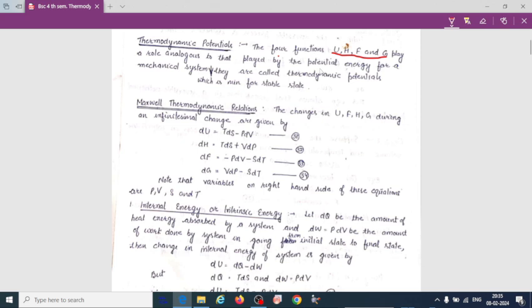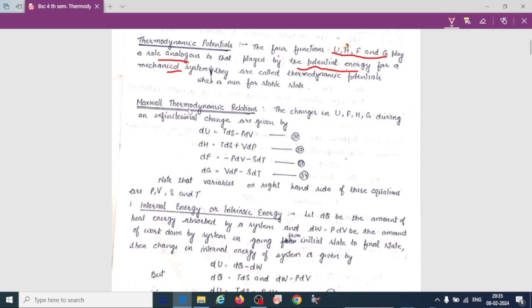These four functions play a role similar to the potential energy for a mechanical system. That's why we call them thermodynamic potentials, which have the minimum values for a stable state.